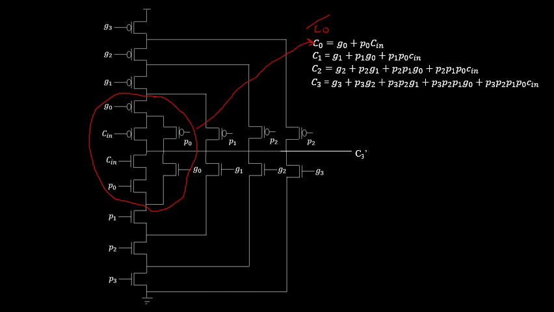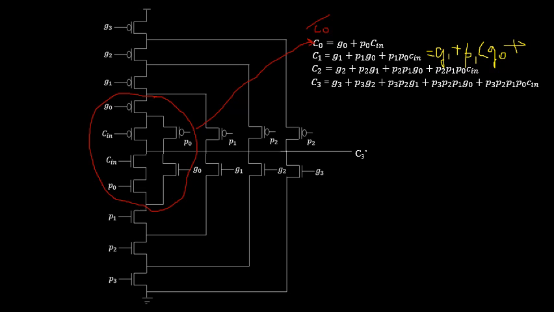Further, I can write this particular expression as G1, which I will write as it is, plus P1, which is common for both the terms, so I will consider P1 as common and multiply it with G0 plus P0 Cin.